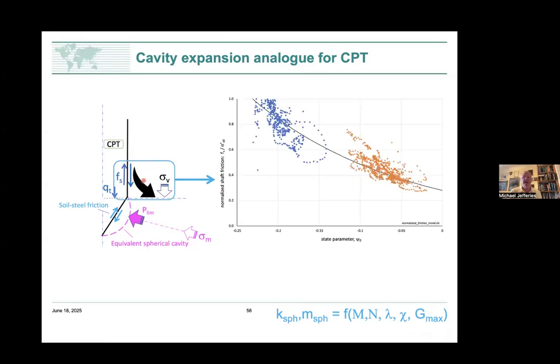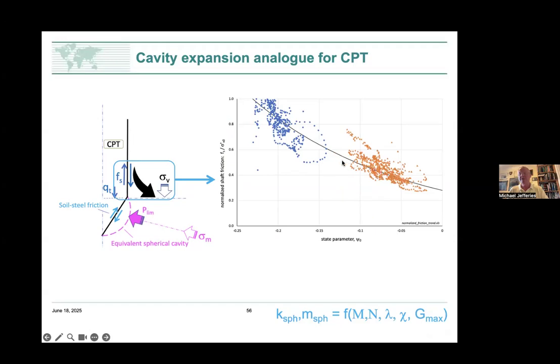And you might say, well, okay, I know the friction ratio is only about 1% or something. That's a small number. Well, actually, no, because the friction sleeve is 15 times the size of the tip. Also, the friction goes beyond the friction sleeve. If I compare the friction to the vertical effective stress, you get a graph like this.